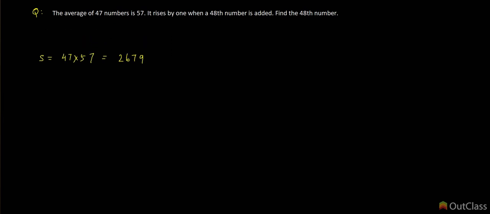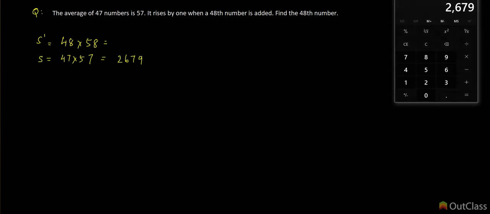While the new sum, I have 48 numbers, the average has risen by 1, so it's now 58. What is that product? It is 48 into 58, which is 2784.